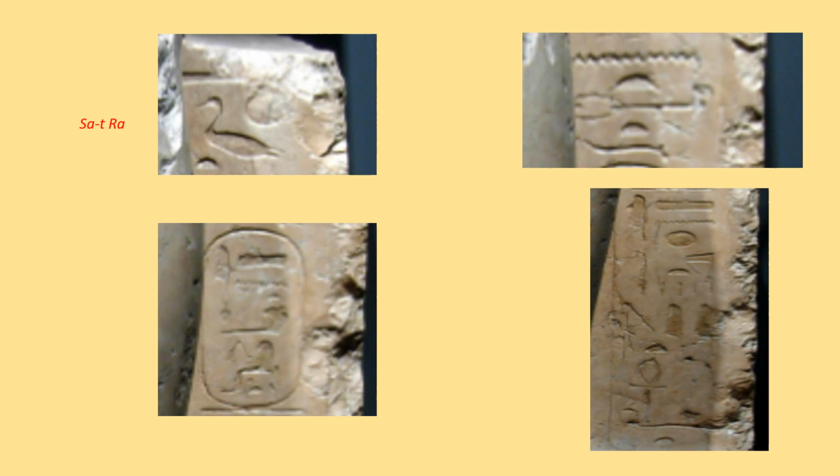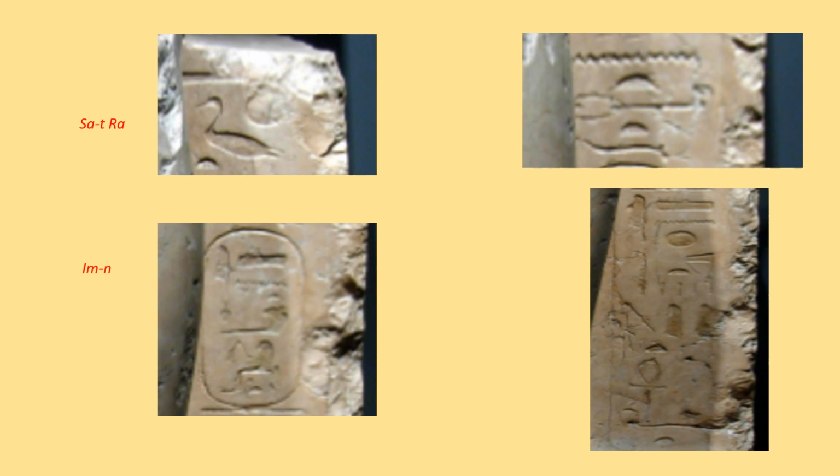So looking at the top section on the screen now, we see the pintail duck, the symbol for Ra, and the loaf of bread. So that gives us Sat Ra, or daughter of the sun.